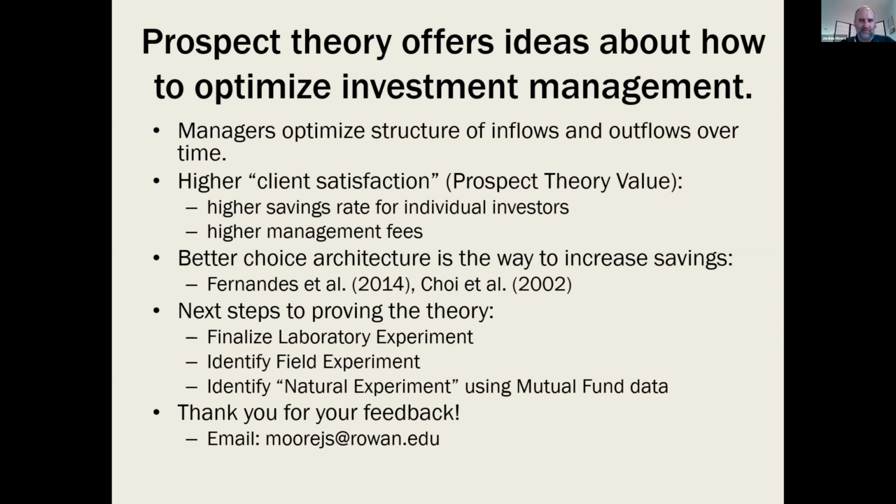So we have a lot of evidence that shows that in general, better choice architecture is a good way to increase savings. This is just an example of a different change to choice architecture potentially that has the ability to significantly improve savings and retirement outcomes for individual investors and households.